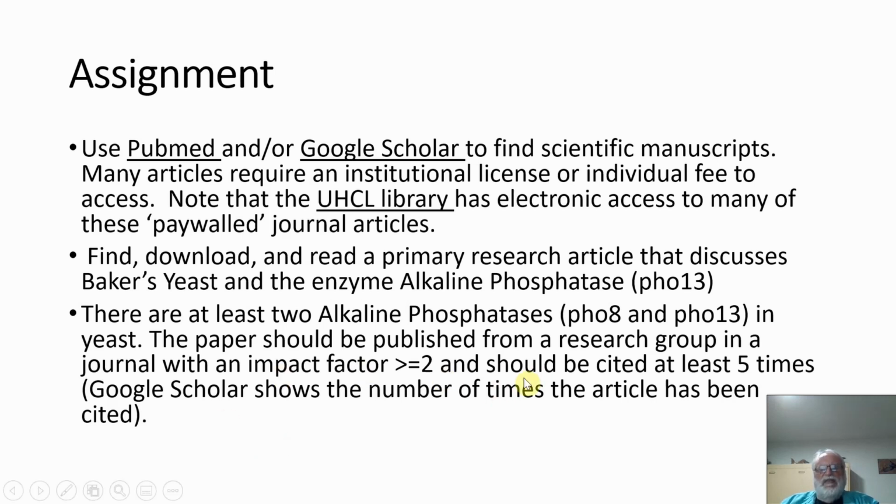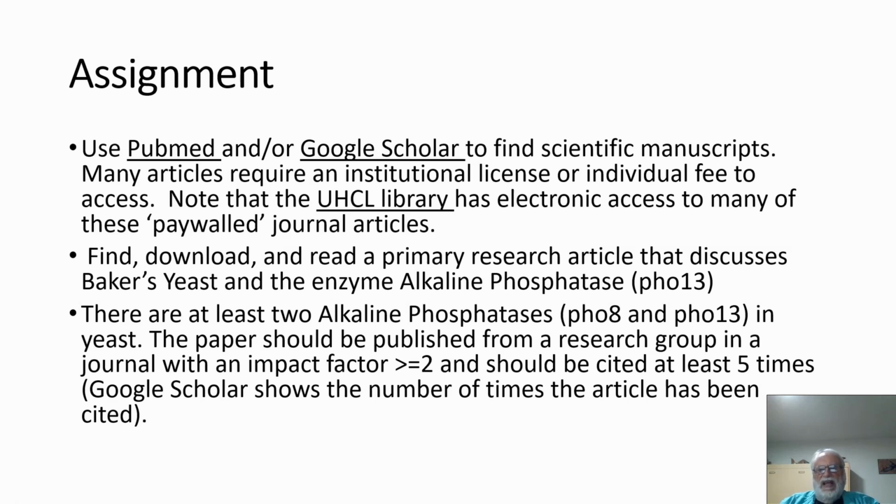Most of the journals you're going to find when searching for FO13 will have an impact factor of greater than 2, so I wouldn't worry about that too much. But first, go ahead and do a search for a primary research article that discusses the Baker's yeast alkaline phosphatase, which is FO13. It can be anything. It can be enzyme activity, it can be regulation.